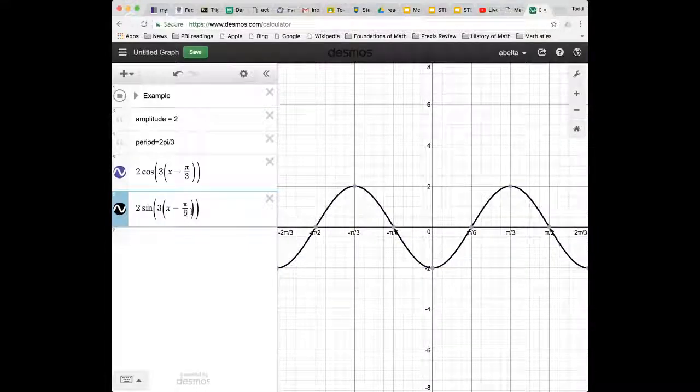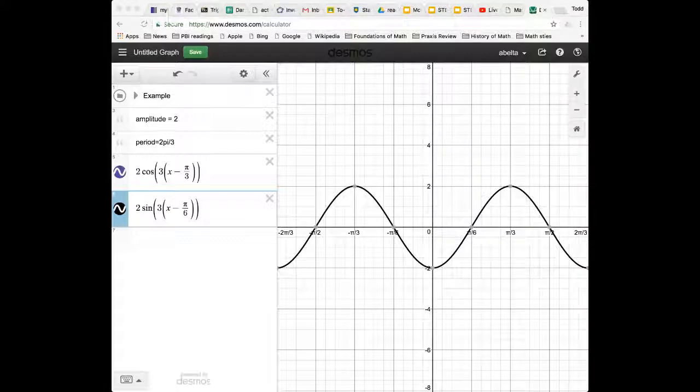Thank you. So notice those all gave me the same thing, right? I could either do a sine function with amplitude 2, period 2 pi over 3, and shifting right pi over 6, or a cosine function with an amplitude of 2, period of 2 pi over 3, shifting right pi over 3.